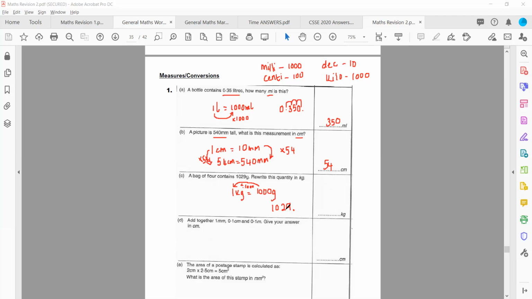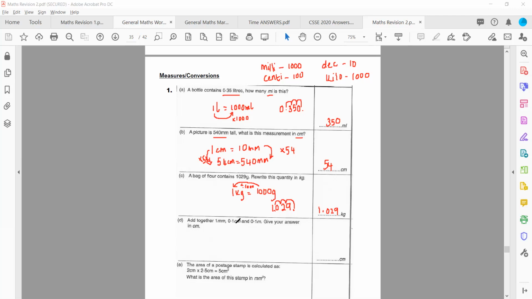So if there's no decimal point in your number, you can put it after the ones number. If you're dividing by 1,000, there are 3 zeros in 1,000, so you move it back 1, 2, 3, and it would land there to give you 1.029 kilograms.